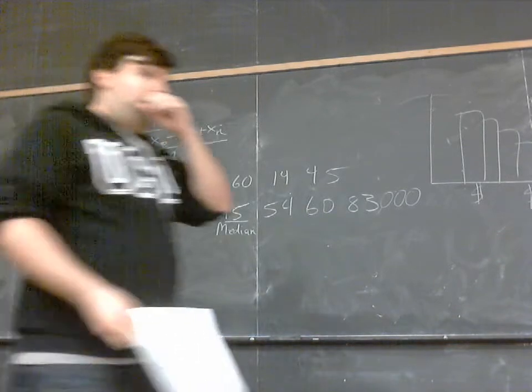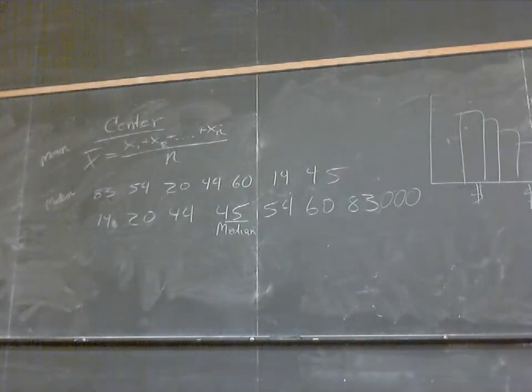Yes. When we're asked to find the center, do we have to do both the equation and find the median? No, if I asked you to find the center, I would either tell you which one to use, or I'd show you a picture, and if it looks like this, you'd know to use the median. For the median, it might be an even number.